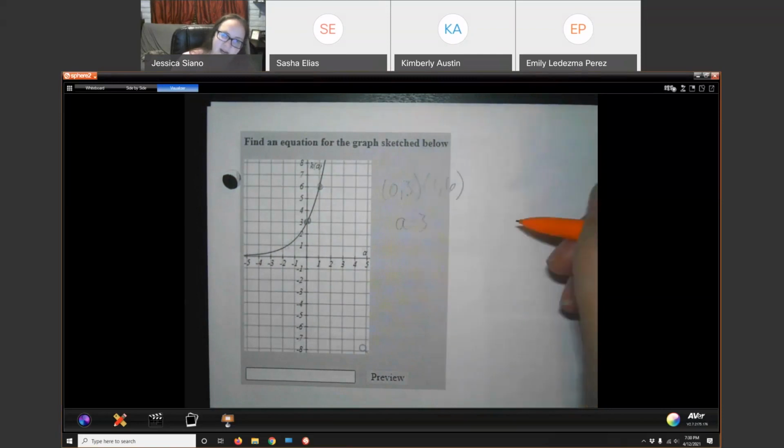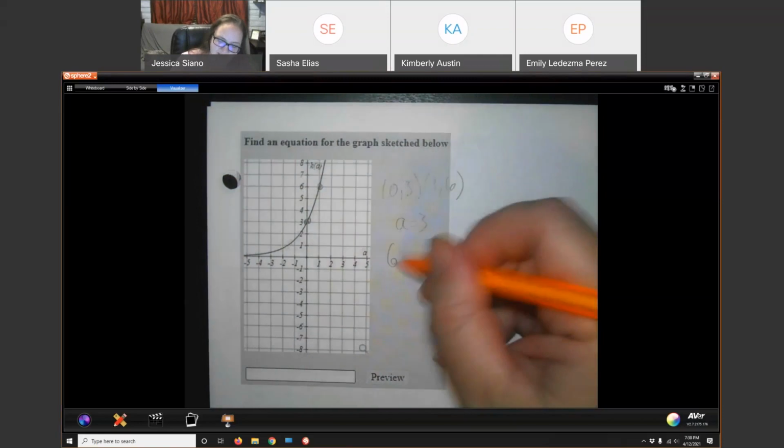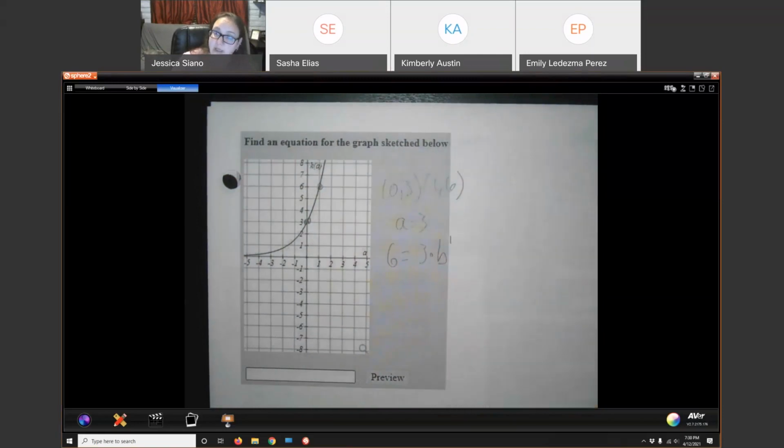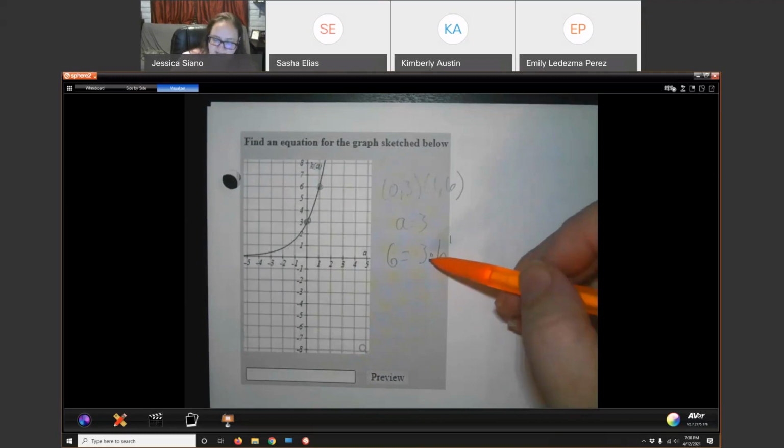So a is 3, x is 1, y is 6. That means 6 equals 3 times b to the 1. But we know that b to the 1 is just b. So if I divide both sides by 3, I get b is 2.